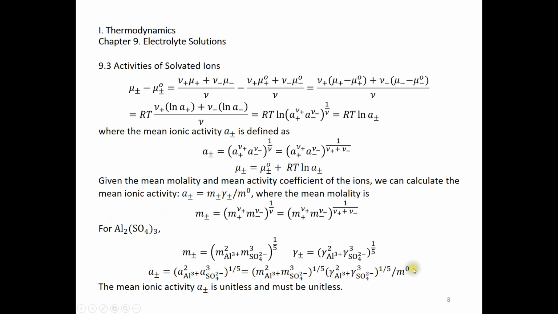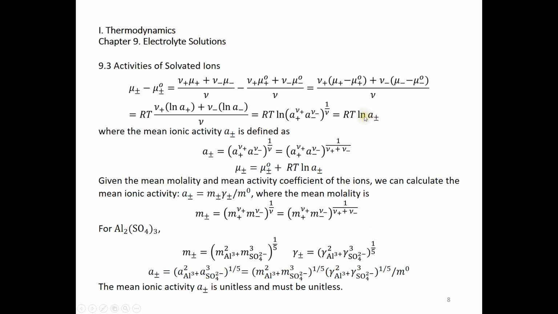So over here we have a new equation. You can see this is m plus minus. So over here this is the mean molality, and over here this is the mean activity coefficient, divided by m naught, again for 2 reasons. One is to remove the unit in the activity, because eventually we need to take the logarithm of the activity, and it does not make any sense if you take the logarithm of something with a unit.